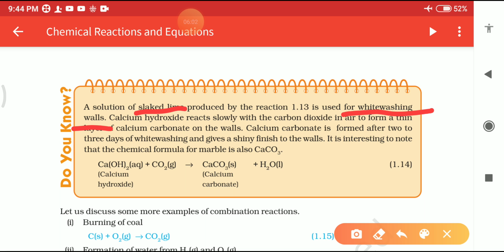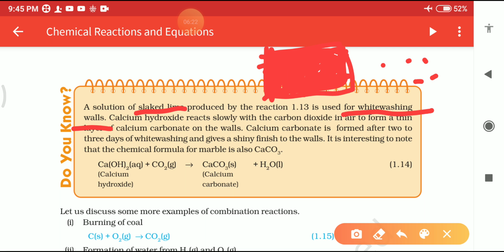Now, what happens? Suppose this one is a wall. When you apply the whitewash on this wall, it means when you apply the calcium hydroxide on this wall, then slowly carbon dioxide, which is present in the air, comes in contact with this calcium hydroxide.